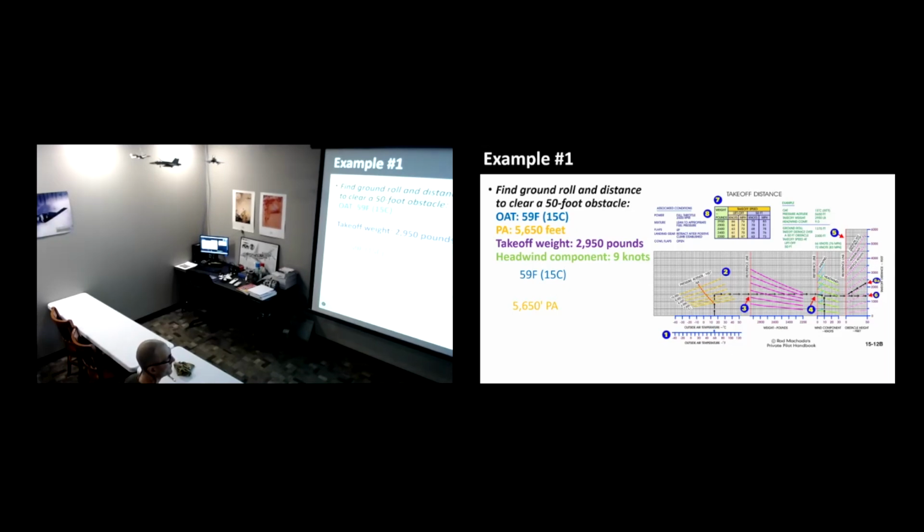Now, this is another place where the questions will trick you. They're going to say, calculate your takeoff distance. This is takeoff still. Tell me your takeoff distance without an obstacle, or tell me a takeoff distance with a 50-foot obstacle. And I'll bet you that the answers for that question, this is where we're at, are going to be about 1,400.